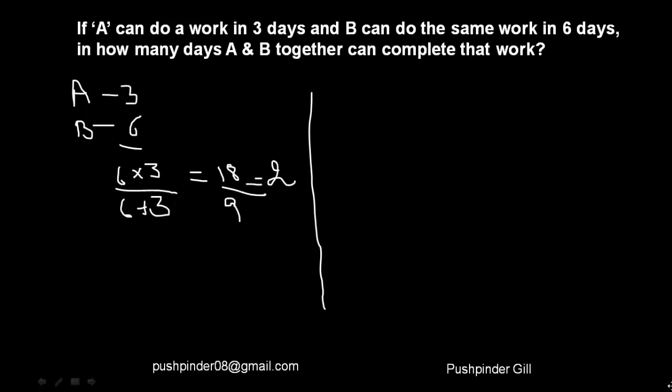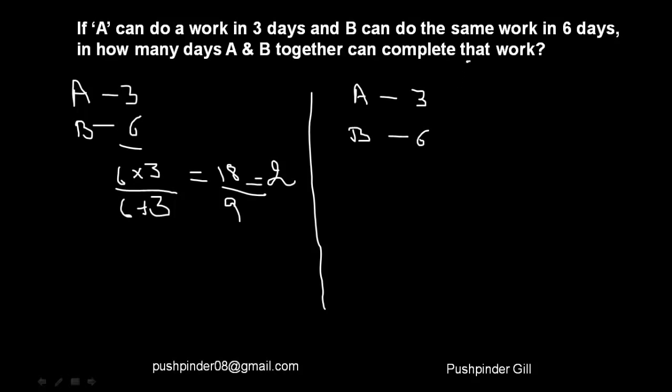Easy, right? Now let me tell you one more approach which is going to help you a lot in the future. A takes 3 days to finish the job and B takes 6 days to finish the job. Now let me go ahead and assume the job to be of some specific units. Let me just go on with me, guys, here. So what will be the number to assume?